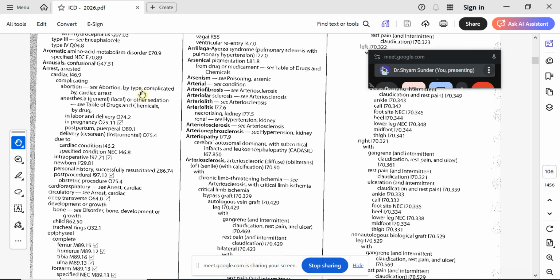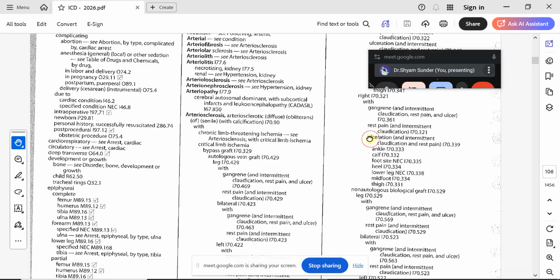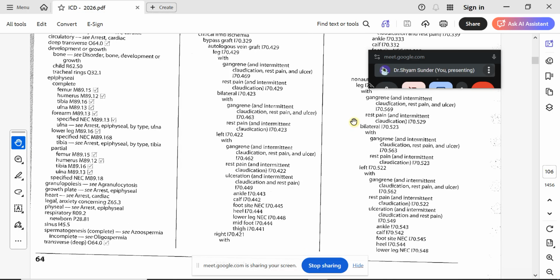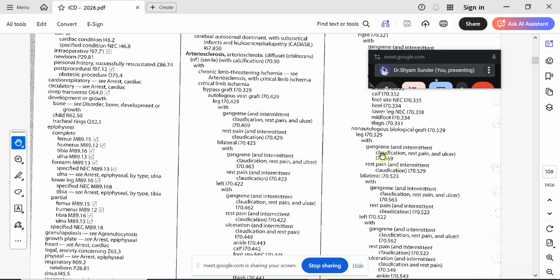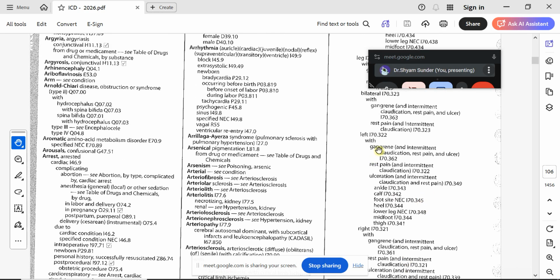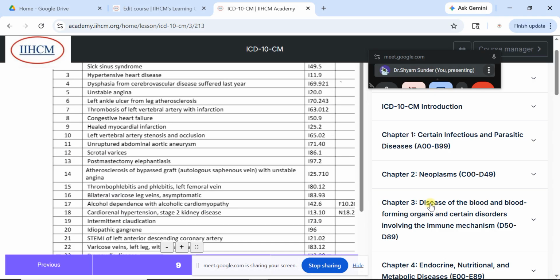If you're able to reach up to this third, fourth level, you're good. And you're able to identify what the complications of atherosclerosis are: gangrene, rest pain, ulceration. So go through the arteriosclerosis main term a couple of times.